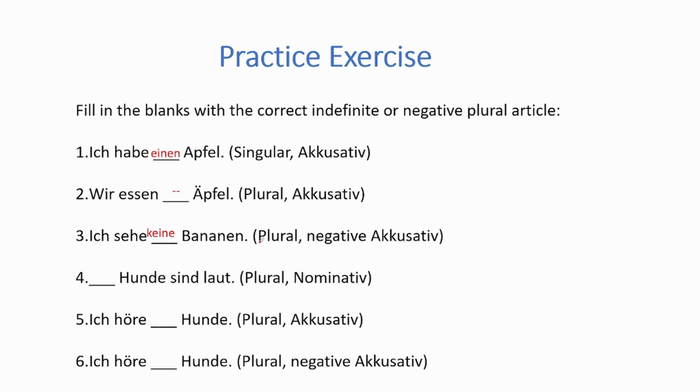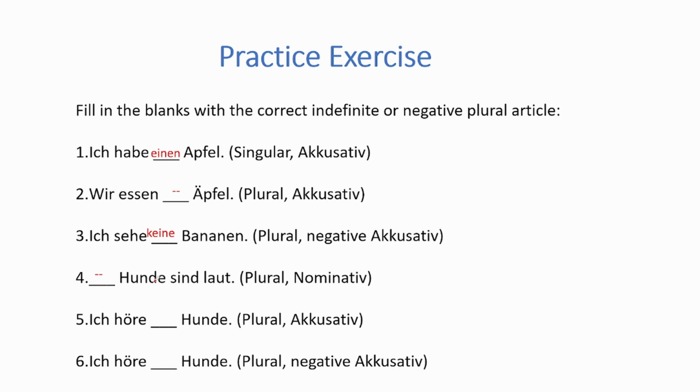Fourth is fill in the blank, Hunde sind laut. Hunde is the plural form of Hund. So in plural form nominative, again, there is no article over here. So simply Hunde sind laut.